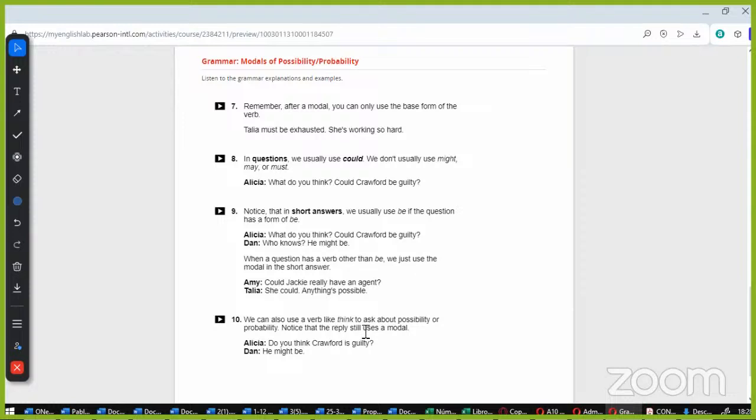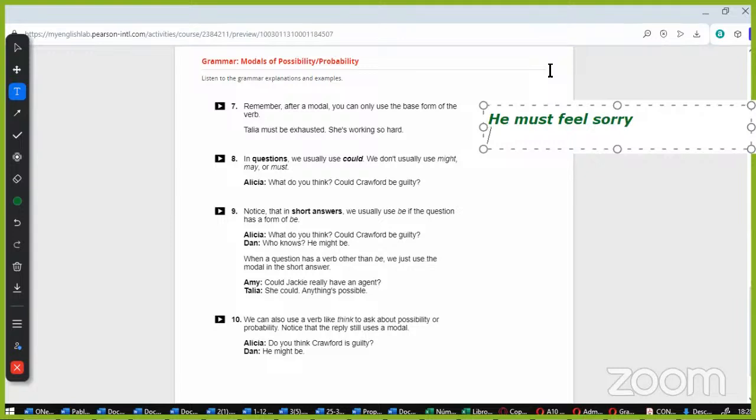Okay. So here after a modal, we use the base form of the verb, like here, must be. He must feel sorry.